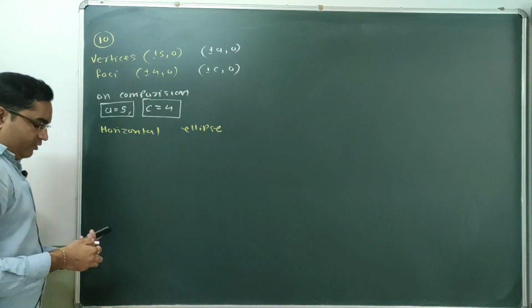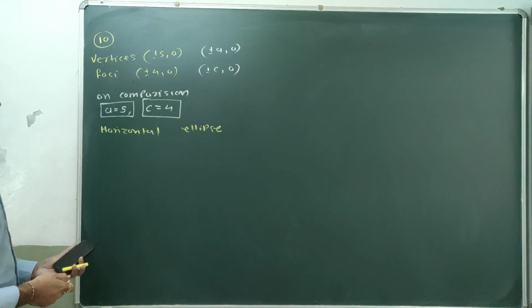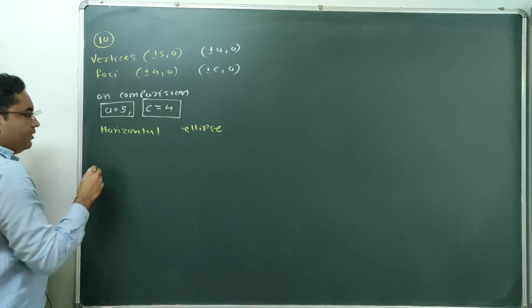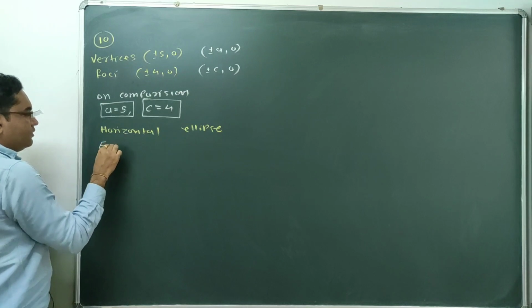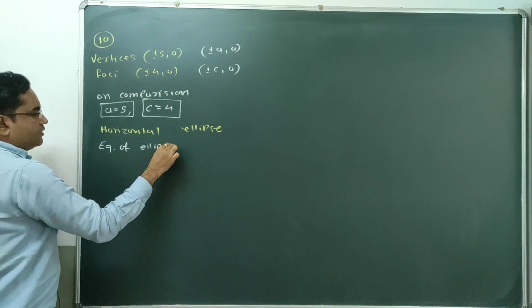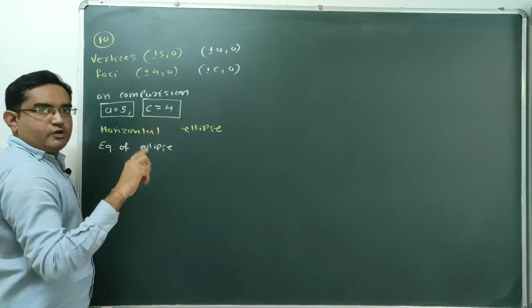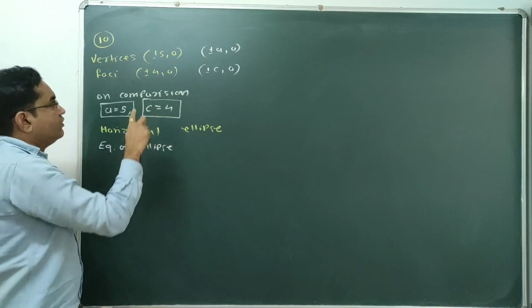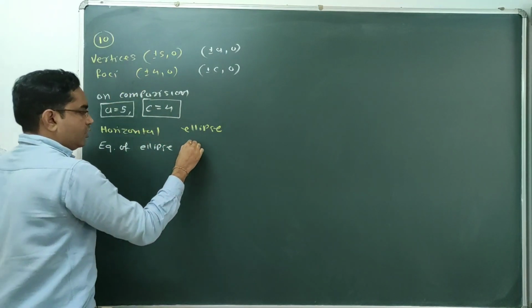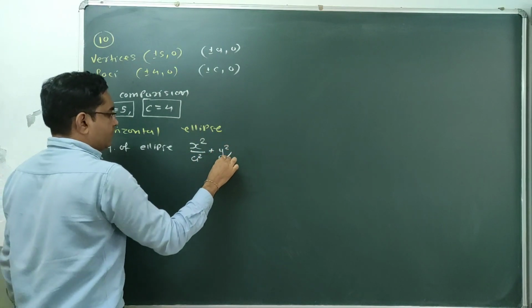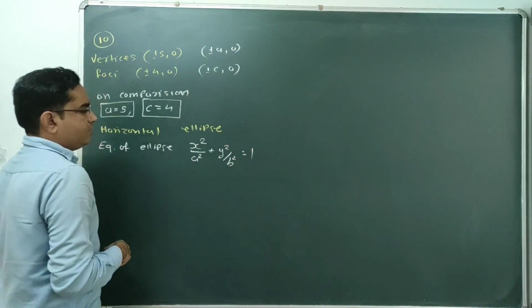Now for the horizontal ellipse, we require the value of a as well as b. What is the equation of the standard ellipse? For a horizontal ellipse, that means the major axis lies along the x-axis and the foci lie on the x-axis, the equation is x square upon a square plus y square by b square equal to 1.